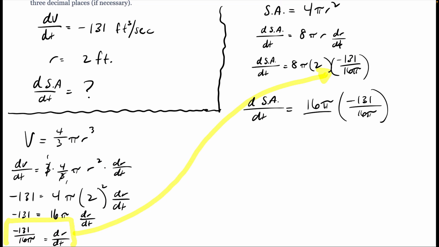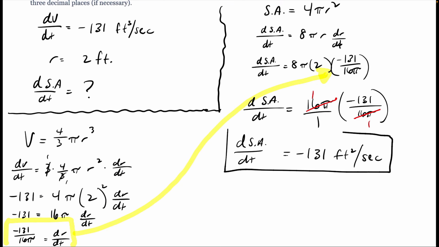You can change this to over 1. 16 pi divided by 16 pi makes positive 1. So you're left with negative 131, and since it's area, it's going to be feet squared, and it's a rate, so you're done.